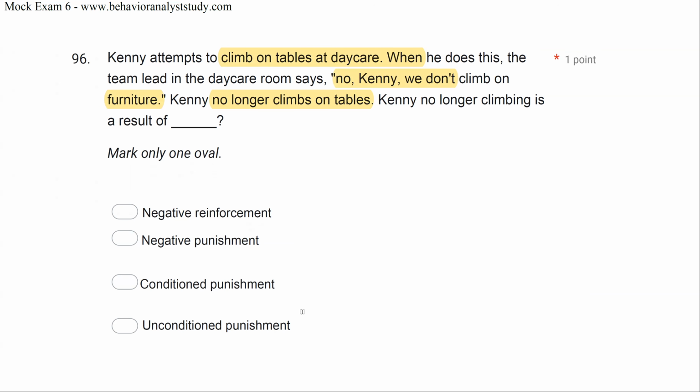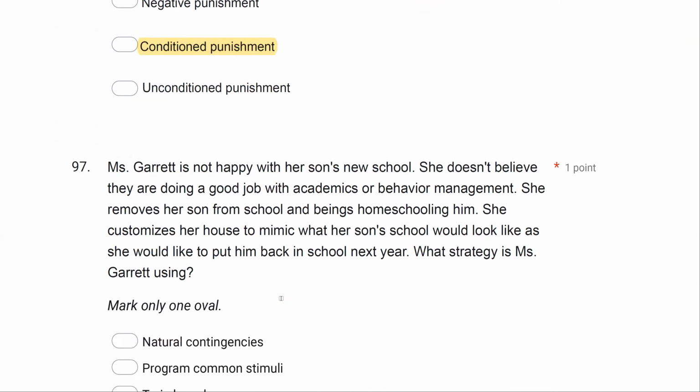No, unconditioned punishment is more like hunger and thirst and pain. This is a verbal reprimand that's been paired over a period of time with other punishing stimuli and developed punishing properties. Positive punishment was our prediction. It was a good one. We didn't see it. We go to our next best answer, which is C, conditioned punishment.